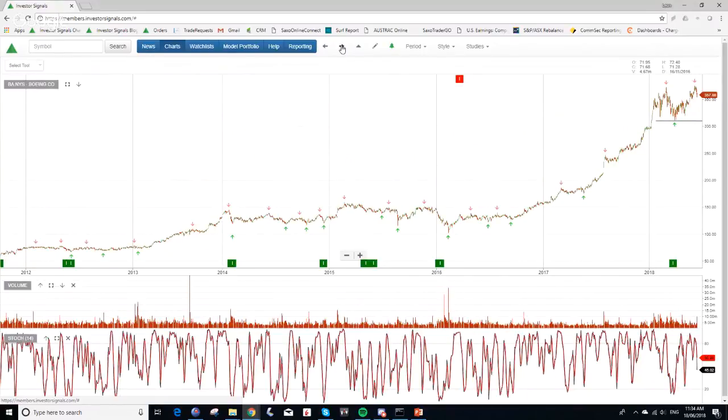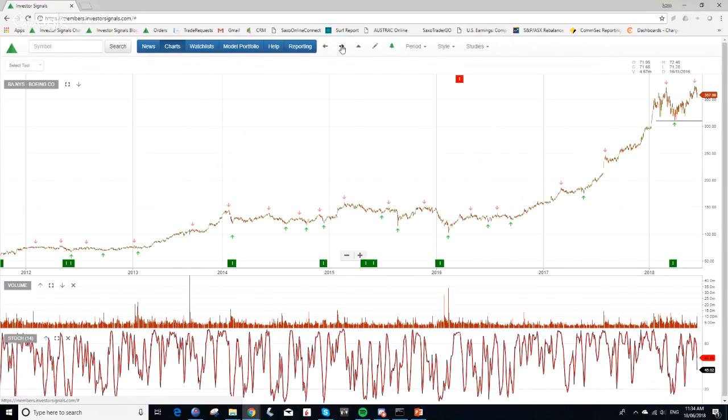Boeing being one of the best performers. Between Boeing and Caterpillar really helped to drive the Dow Jones index. And obviously the story for Boeing is increasing demand for their planes, in particular from Asia, as China expands the number of airports, and emerging markets around the world continue to expand.